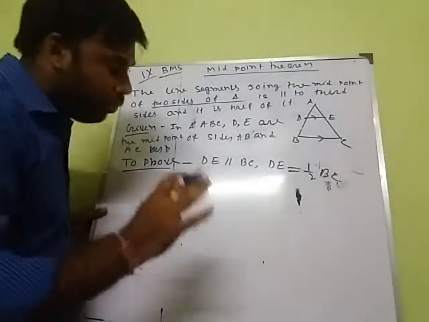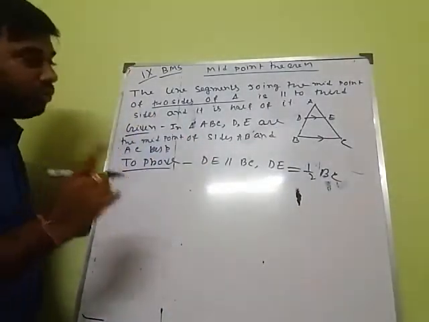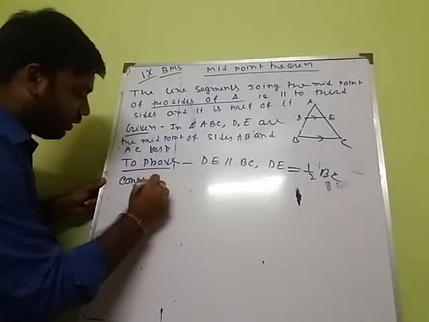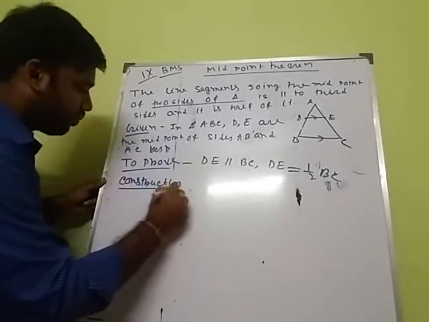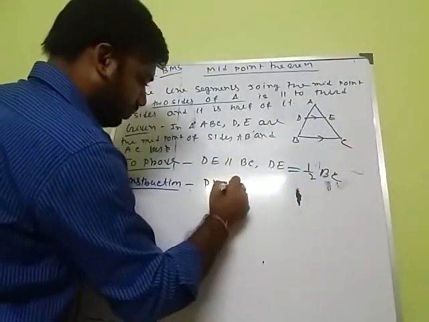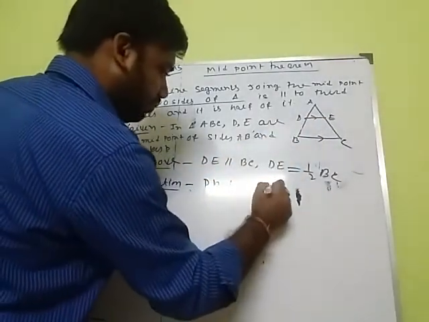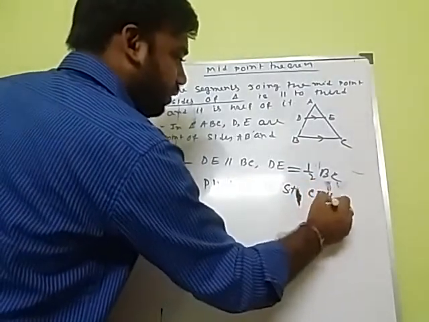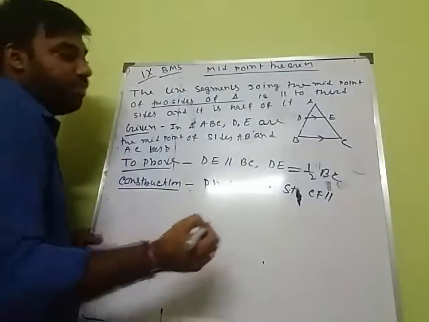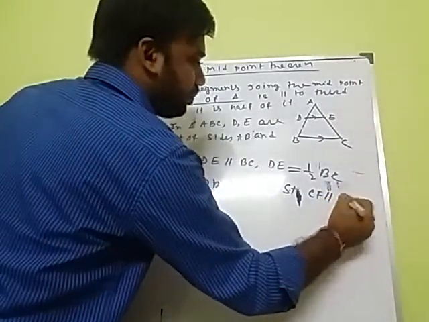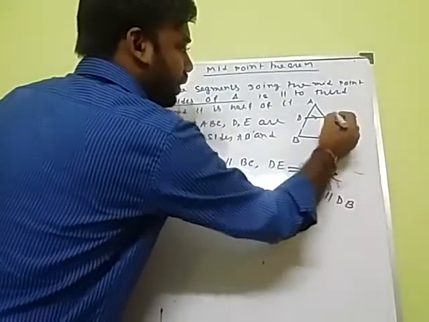To prove this theorem, we need to draw some construction. The construction statement is: produce DE up to F such that CF will be parallel to DB, or AB.